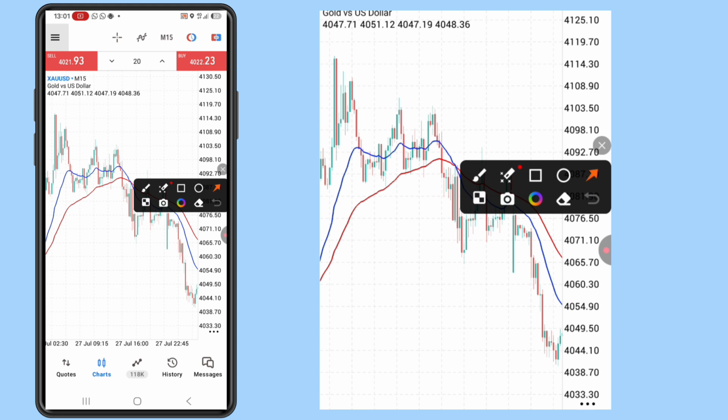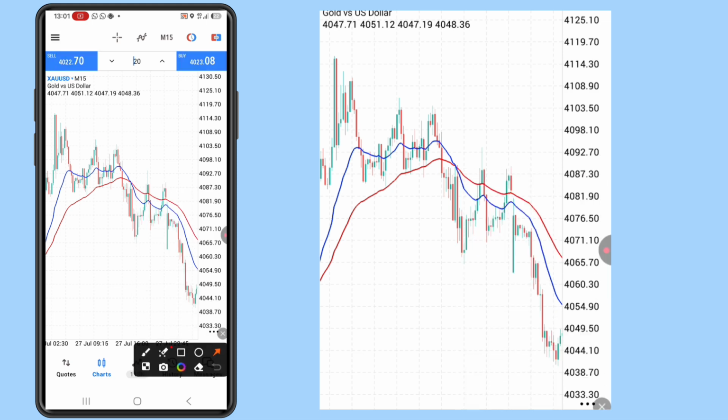Once you see that the exponential moving average 50 is above exponential moving average 20, that tells you that the market is most likely to go down, but doesn't necessarily mean that the next movement is going to be a downward movement.